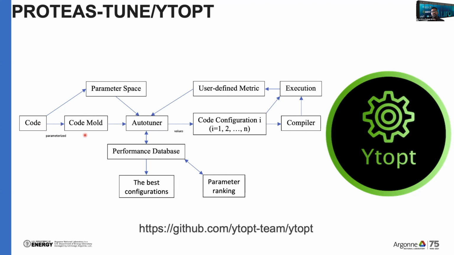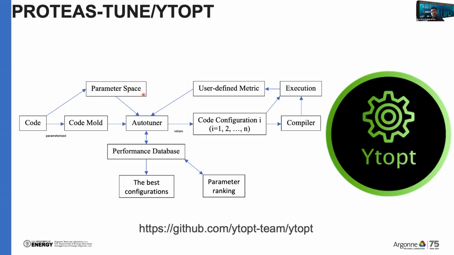A code mold is nothing but a parameterized code, right? If you are thinking about matrix multiplication, how can we parameterize that, like unroll, jam, and blocking, and so on. So we need a code that can be given some parameters. A code transformer can take that code, apply those parameters, and transform it. That's what we call a code mold. And that is given as an input to the ytopt autotuner along with the parameter space.